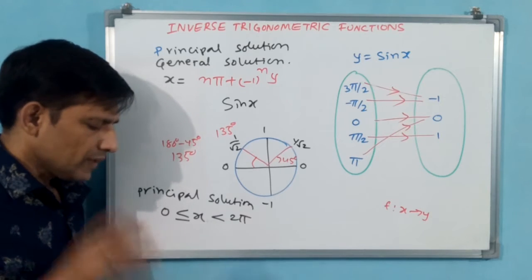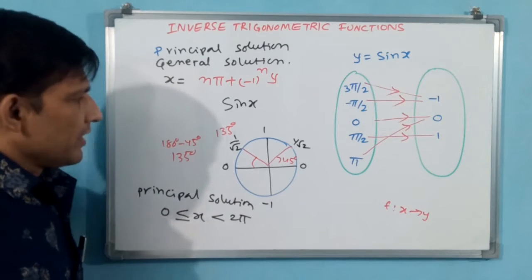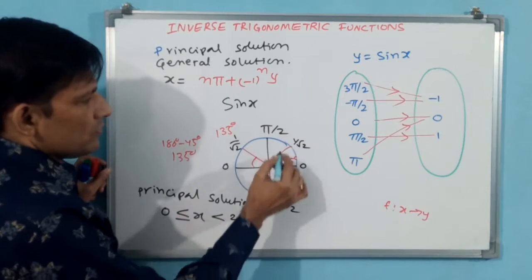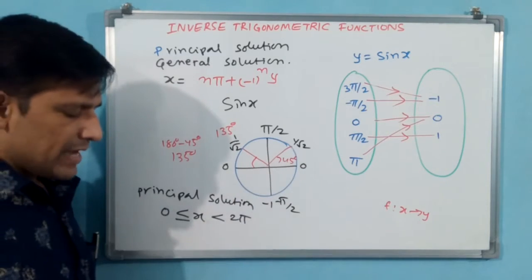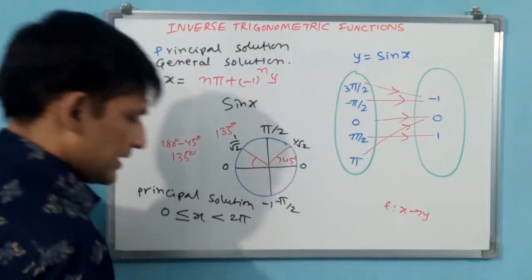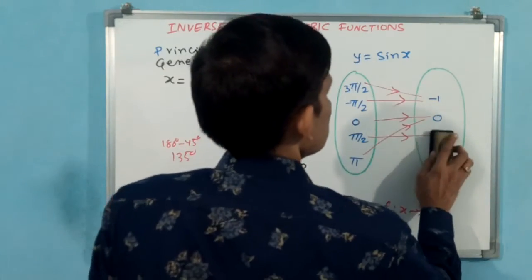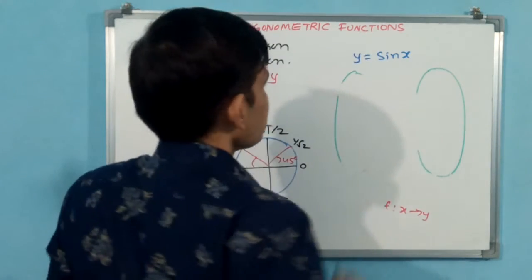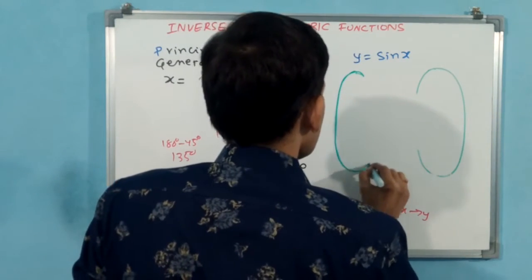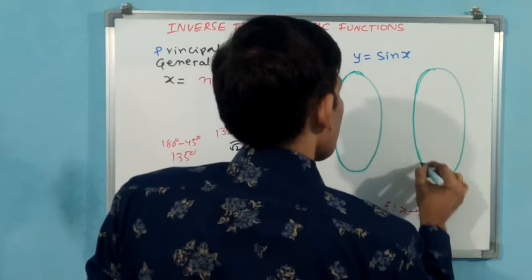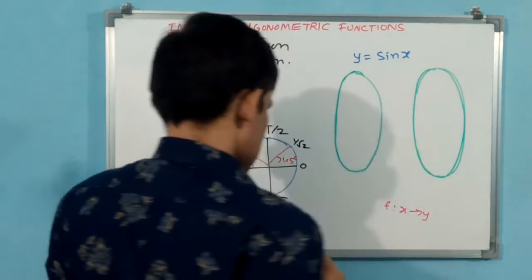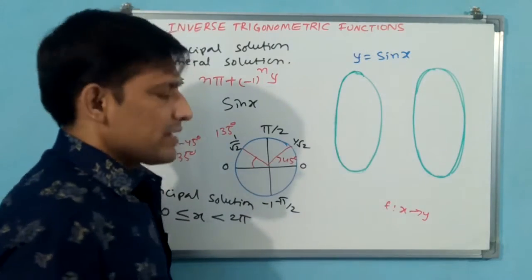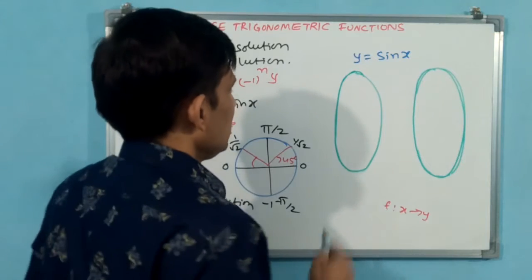Now tell me, if I take only the portion minus pi by 2 to pi by 2, what will happen? You simply observe. I am writing here again: minus pi by 2 to pi by 2. What are all the values?